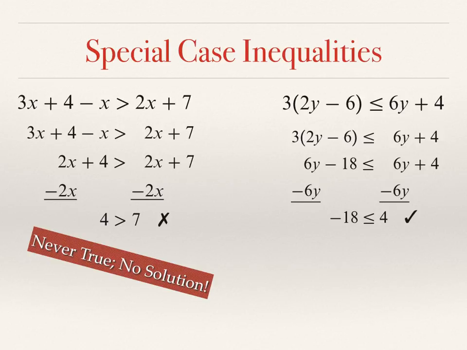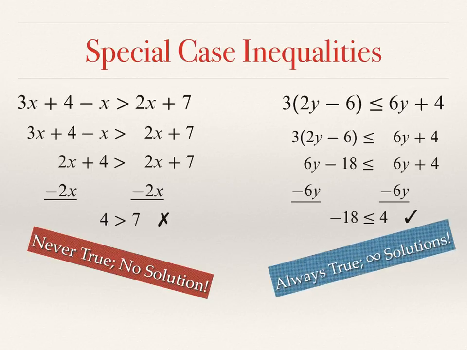You're ending up with kind of interpreting an inequality between two numbers. Negative 18 is less than or equal to 4. Well, that's true. Always true, in fact. Therefore, there are infinitely many solutions to this inequality. Any value of y will work in this original inequality to make a true statement. So those are your two special cases.